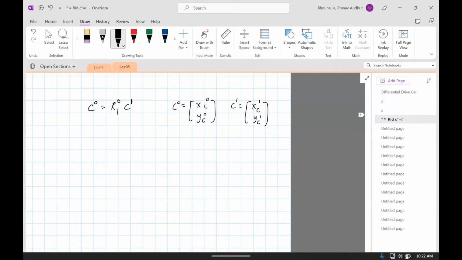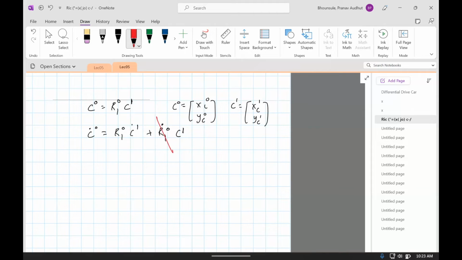This is not the homogeneous matrix. It's just the translation part of it. We're not really looking at the rotations, just the translations. So if you want to find the rate of change, C dot is going to be R10 C1 dot plus, using the chain rule, R1 dot times C1.